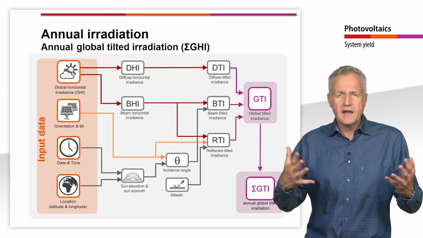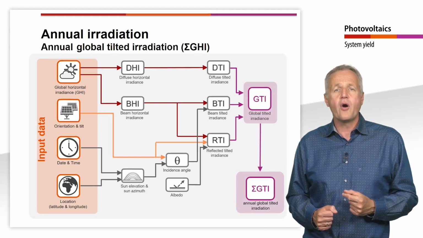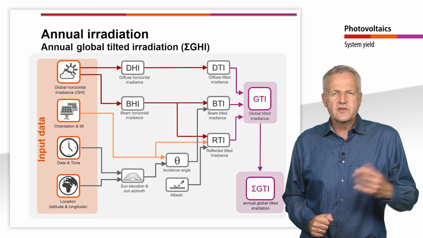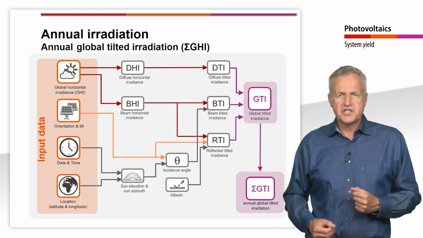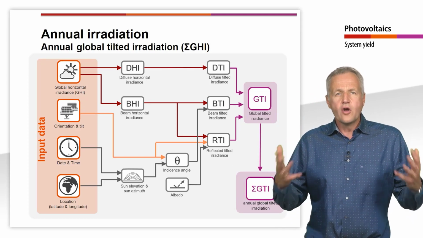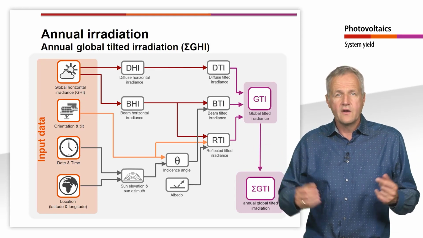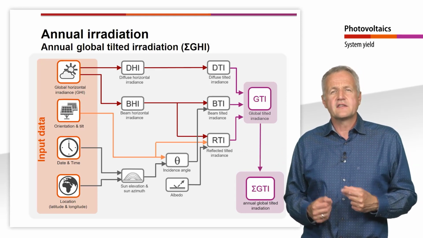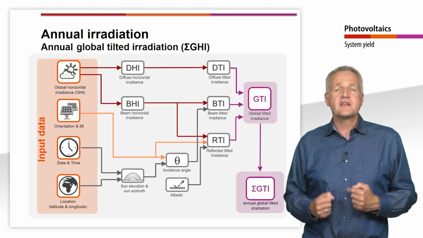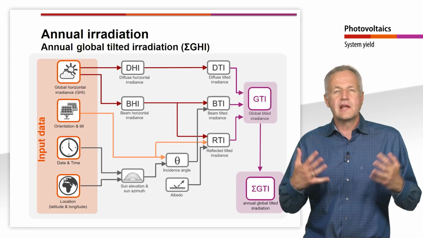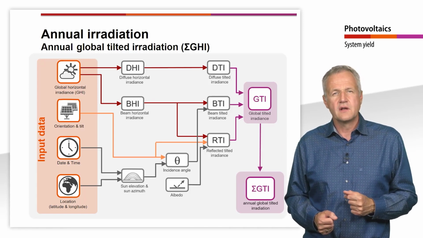Finally, the GTI values are summed up over all hours of the year. This results in the annual GTI, the global irradiation on the tilted surface over a year. While the GTI is a power density in watt per square meter, the annual GTI is an energy density in kilowatt hours per square meter.